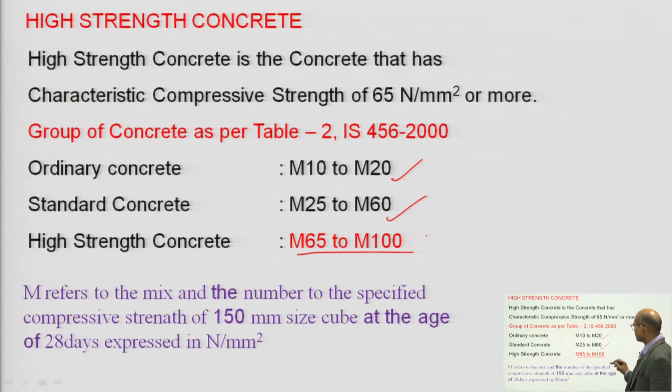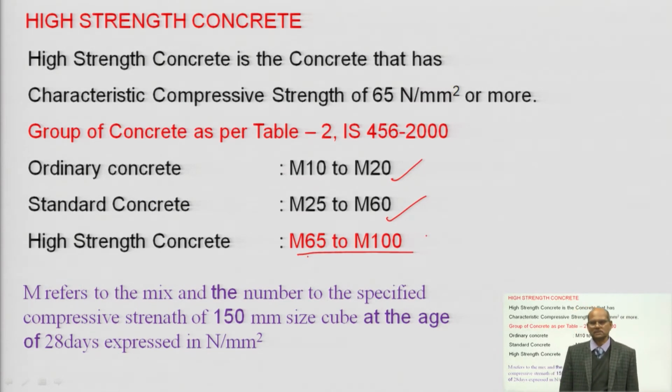High strength concrete means the characteristic strength at the age of 28 days, when tested on a 150 mm size cube, considering the platen effect also, should be between 65 to 100 Newton per mm square.